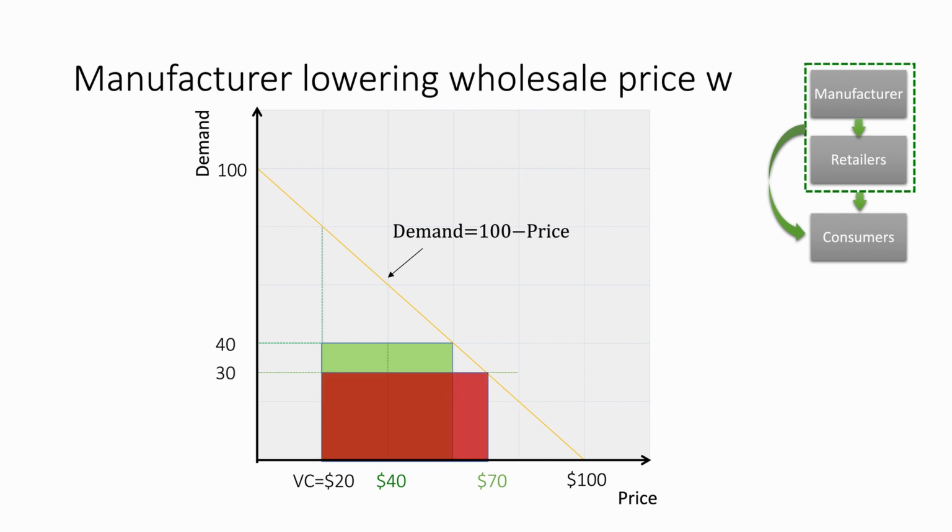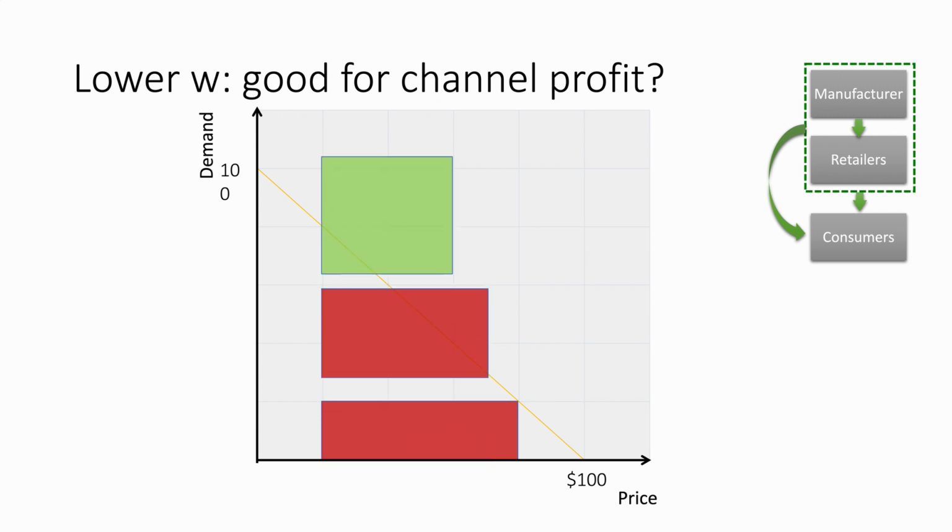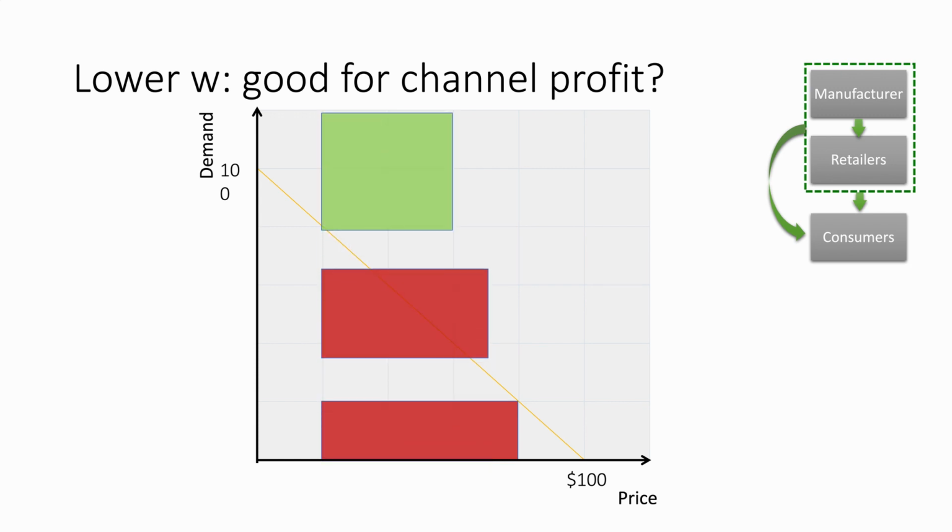Then that red rectangle would change to the current shape. Then we can compare these three different rectangles. If you lay them out together, the red rectangle in the middle, although it may be smaller than the green square, looks like it's actually bigger than the bottom red rectangle.